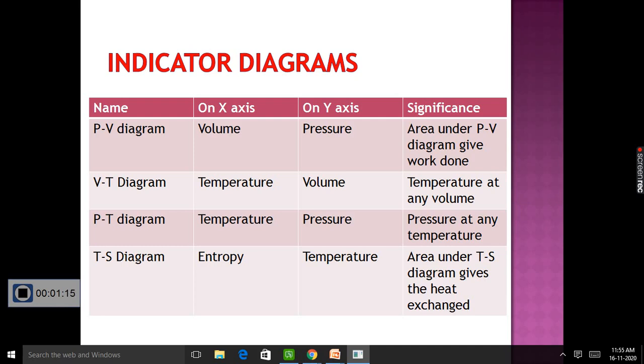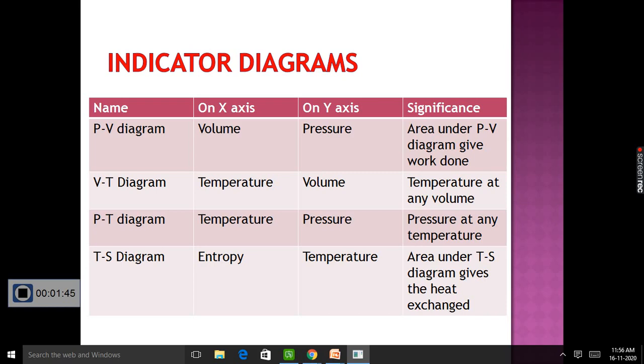So depending on the parameter which is changing, or depending on the quantity which is kept constant, we have different types of processes. And we have different indicator diagrams depending on which parameters are plotted in the graph.